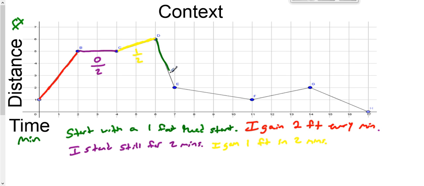Then we get to the negative portion of our story. That is negative 4 over 1. So this next part of the story, I have to lose 4 feet in a minute.